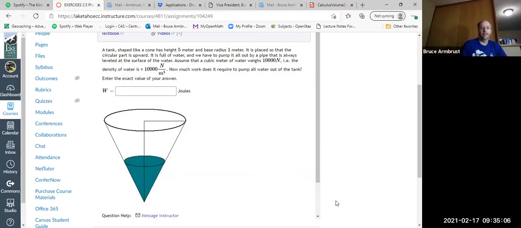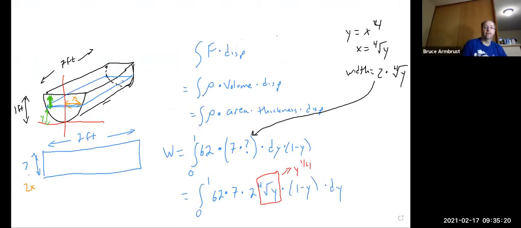Okay, so let's see if we can figure this one out. Now, this is actually very similar to what we just did. It's just this time our cross-sectional area isn't a rectangle. Our cross-sectional area is going to be a circle.